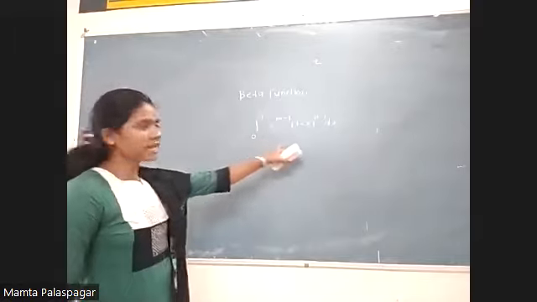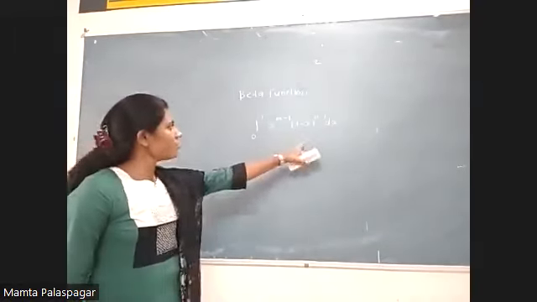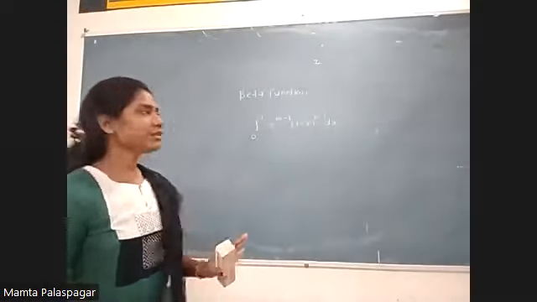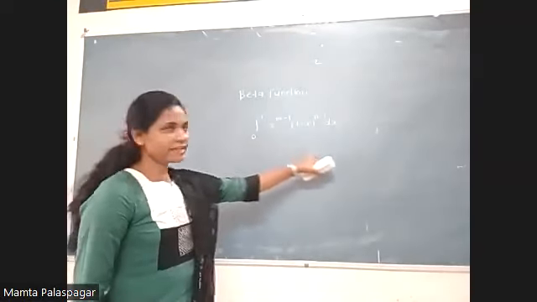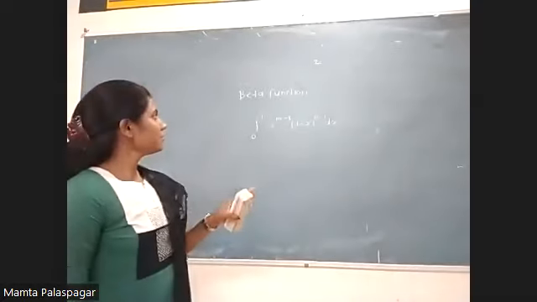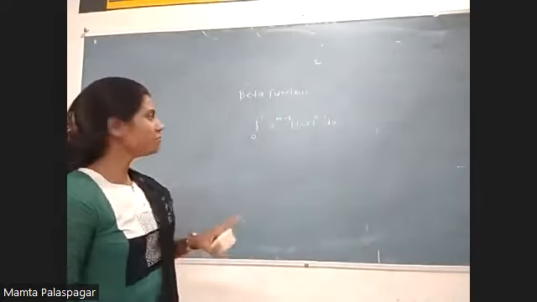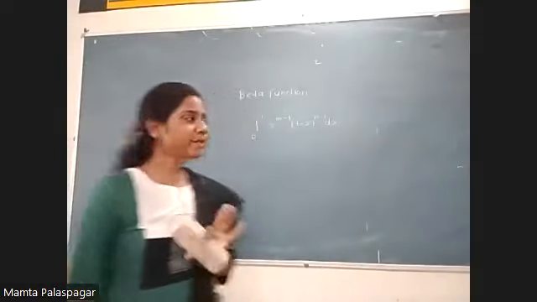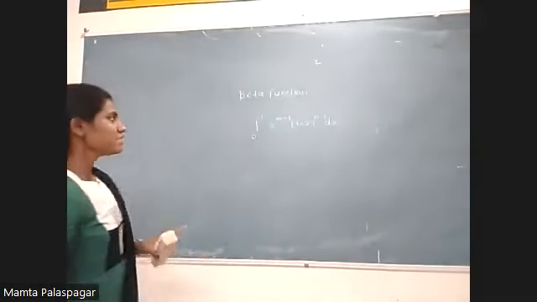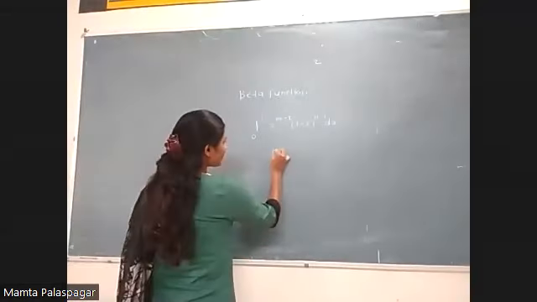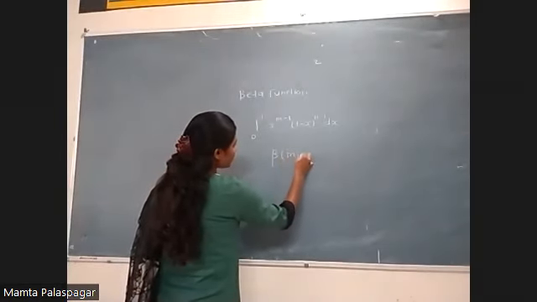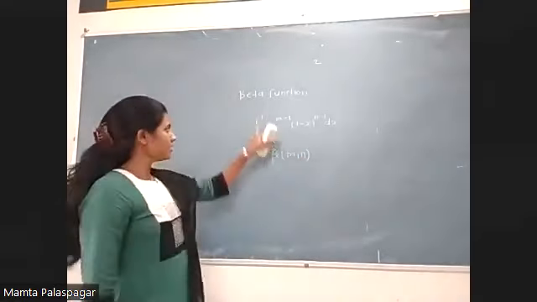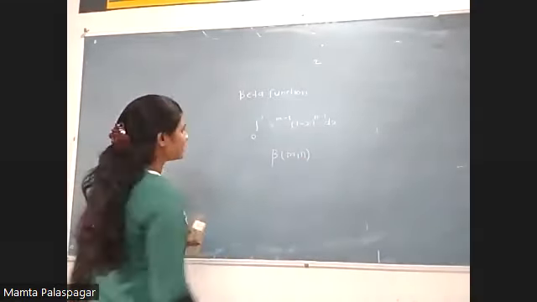This is the beta function, where m and n are both positive. This beta function is denoted by the symbol beta of m comma n. That beta of m comma n is equal to this improper integral.